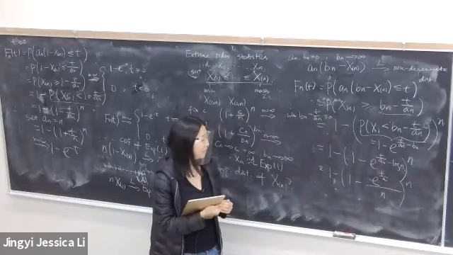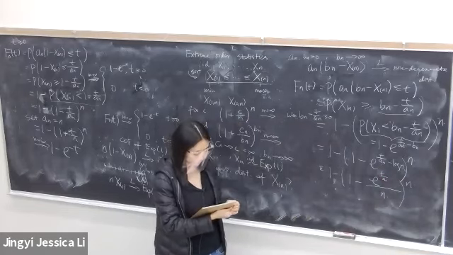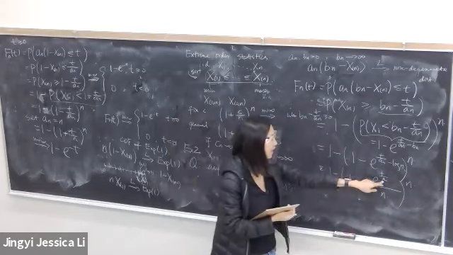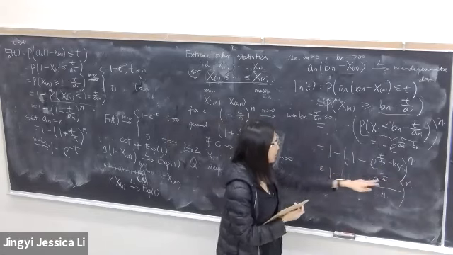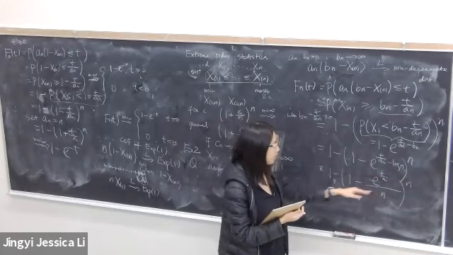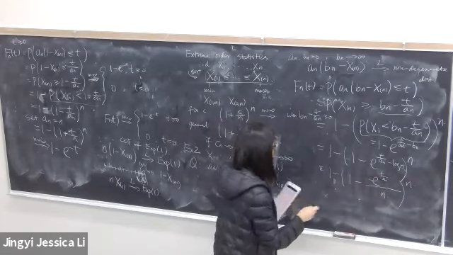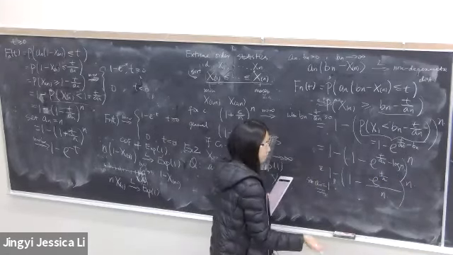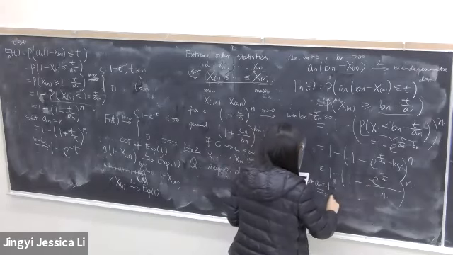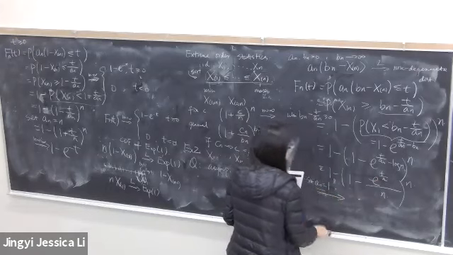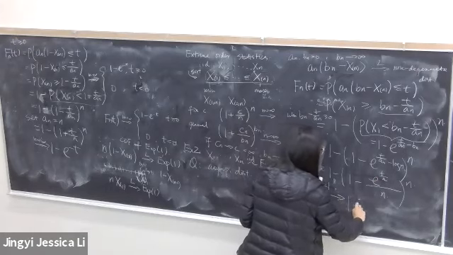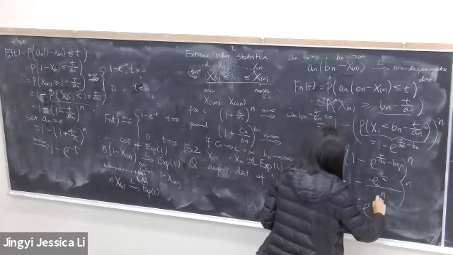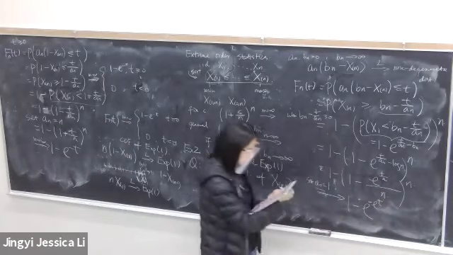Okay. And now you can see that I almost don't need this An, because even if this An is just fixed, I can already have a limit for this. So in this case, I can just set An to be 1. It doesn't need to be divergent. And then the limit of that is 1 minus exponential to the power of negative exponential t.